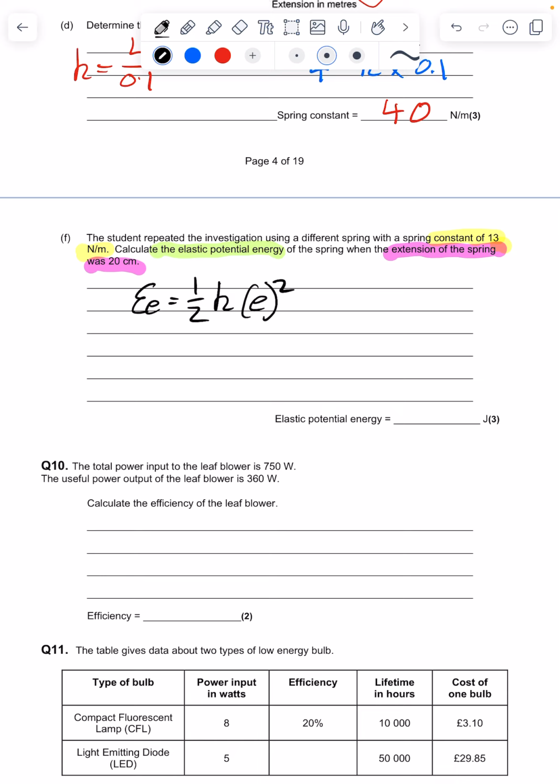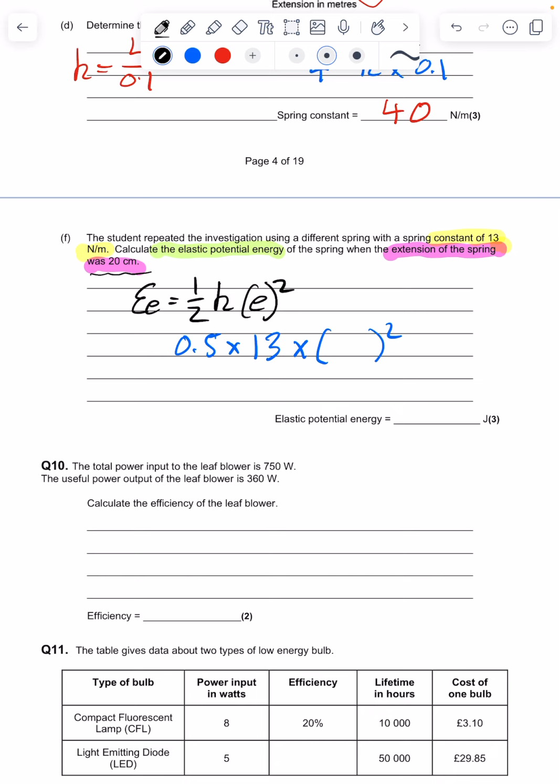So let's have a quick look at this equation here. We want to calculate this energy, so we don't know that. So we've got half here times K, the spring constant. That's going to be 13 Newton meters times the extension squared. Now, if we notice for the extension, we've got here it being 20 centimeters.